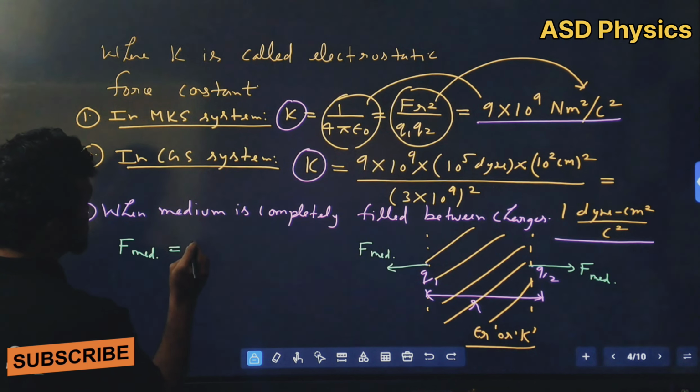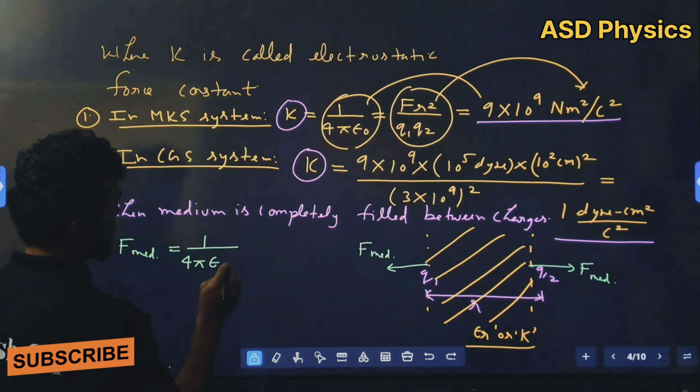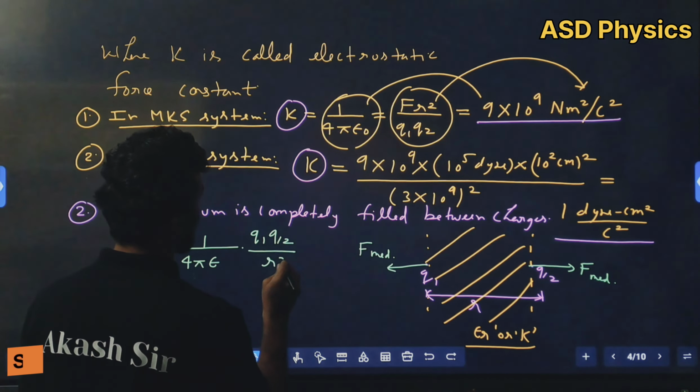F medium is equal to 1 by 4 pi epsilon into Q1 Q2 by R square.